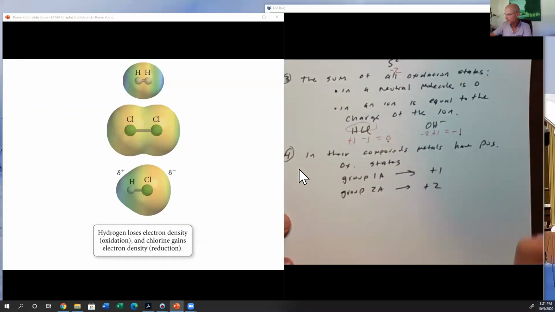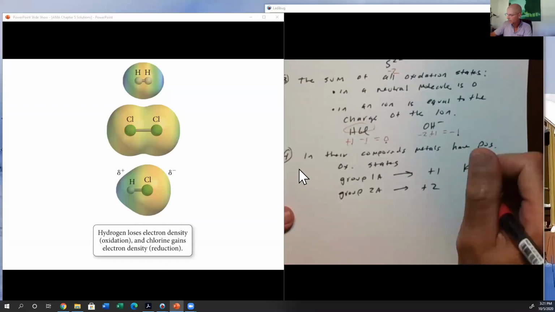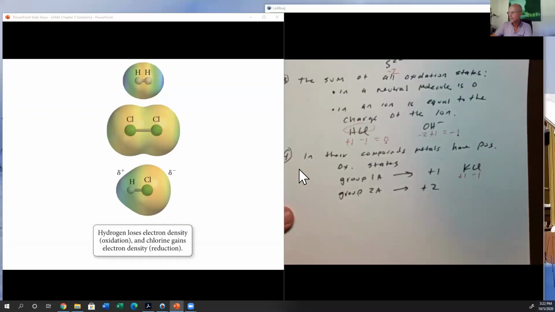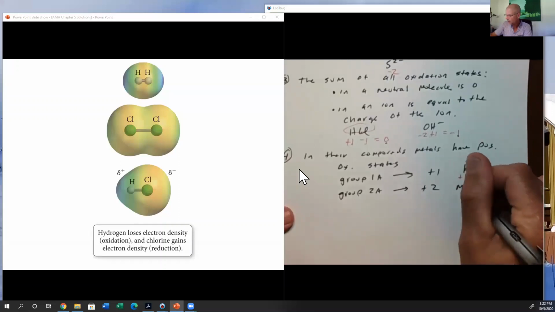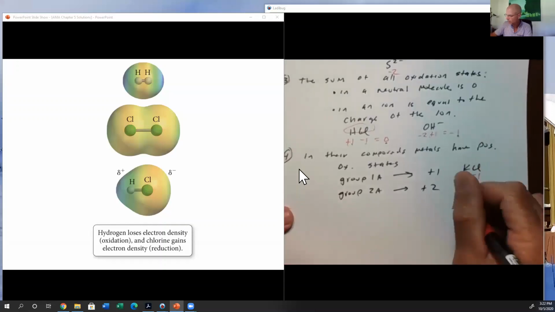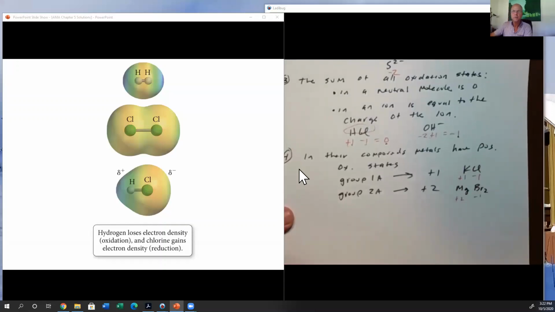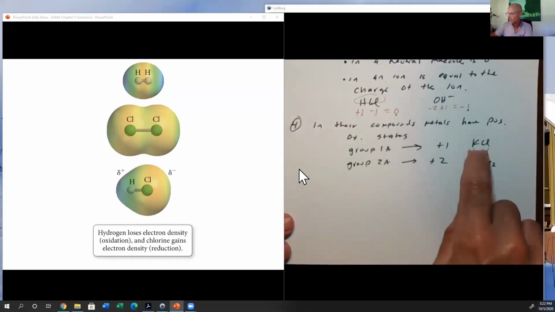So for example, if I have potassium chloride, the potassium is +1, and therefore the chlorine must be -1. Similarly, if I have magnesium bromide, the magnesium is +2, and the bromine is -1. Notice in this case, the oxidation state is actually equal to its charge. It's not always the case, but for these metals, it is.